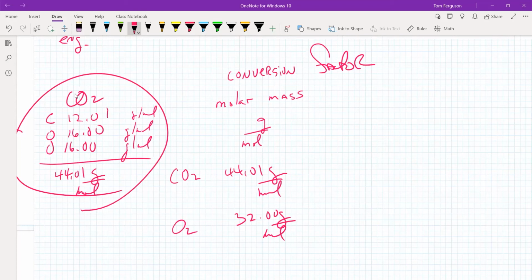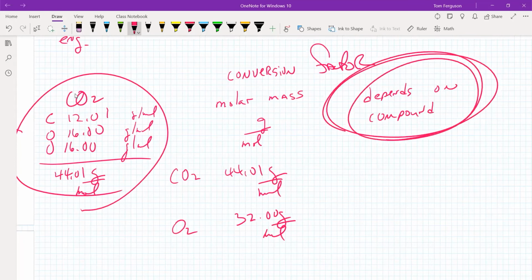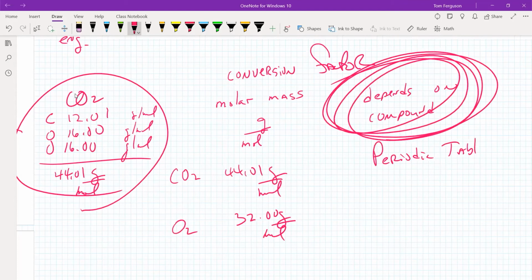So it depends on the compound. Okay. And where do you get that information from? The periodic table. So the periodic table feeds into that.